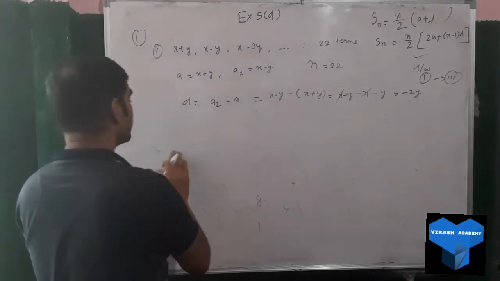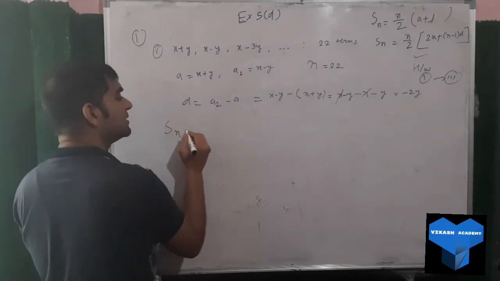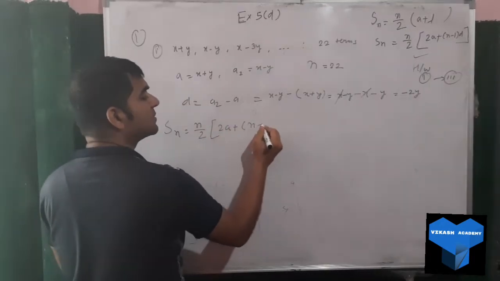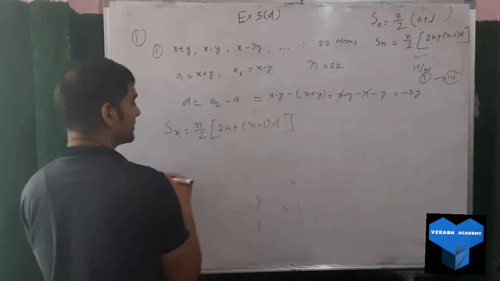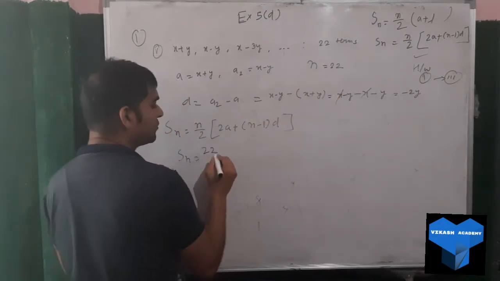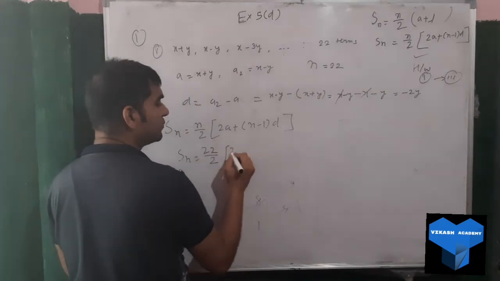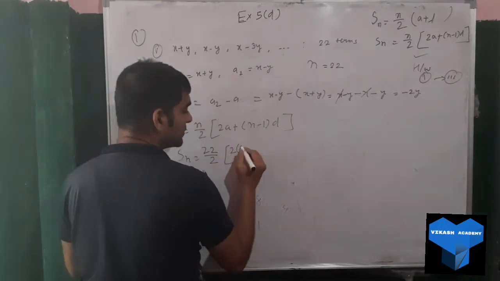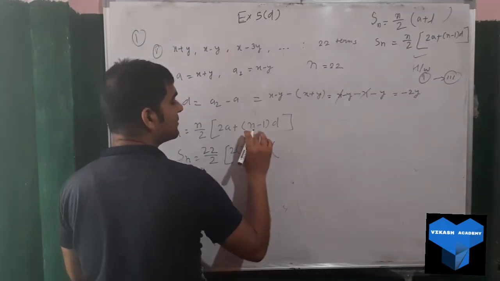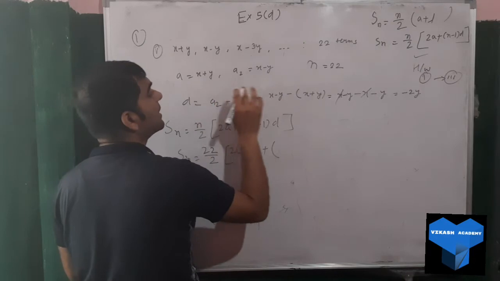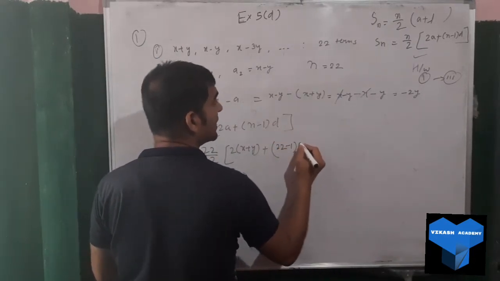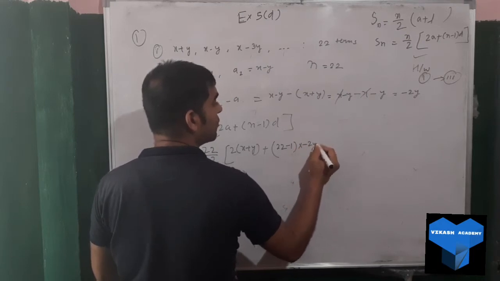Now let us find the sum. We have the formula Sn is equal to n by 2, times 2a plus n minus 1 into d, close the bracket. Then Sn will be 22 by 2, then 2a is 2 times x plus y, plus n minus 1, where n is 22, so 22 minus 1, then d is minus 2y.